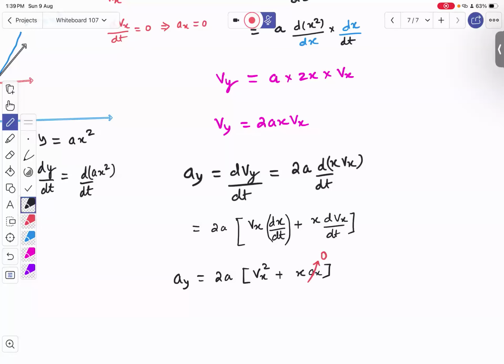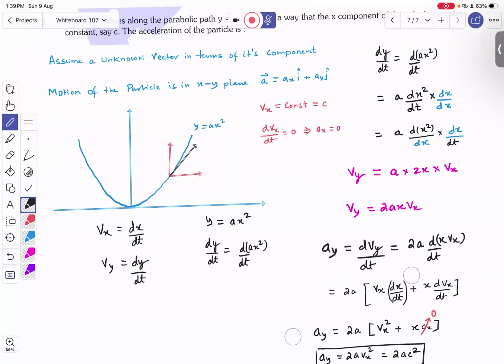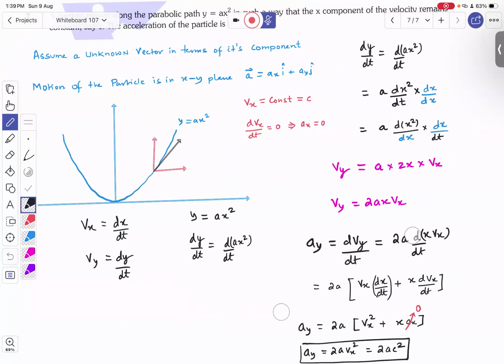So what did ay become? Ay is equal to 2a into Vx square. And what is Vx? It is c. So 2a into c square. That is the acceleration we will be having along y, and that is the total acceleration.